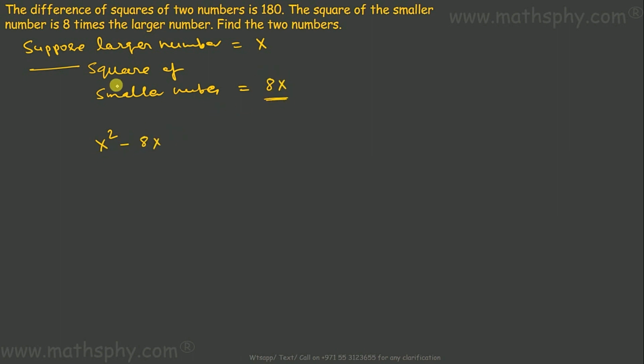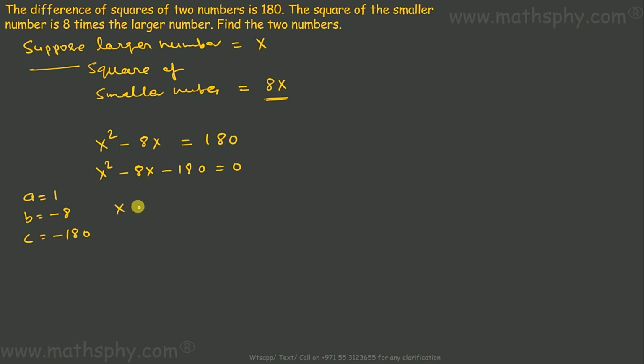This is already the square of the smaller number. This is 180. So this would be x squared minus 8x minus 180 equals 0. So I have a as 1, b as negative 8, and c as negative 180.